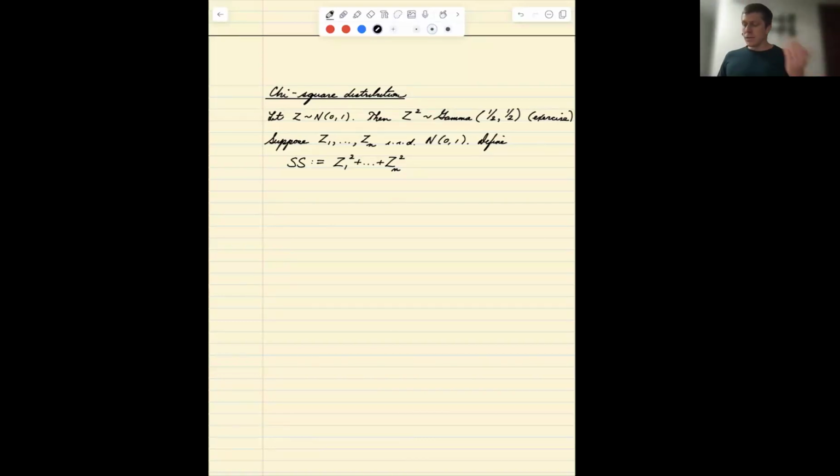Well, we know that each square is gamma 1/2, 1/2, and we know that the Zi's are independent, so the Zi squareds are independent, right?